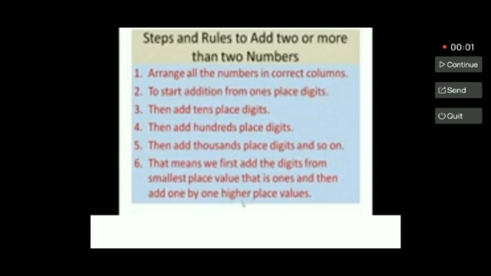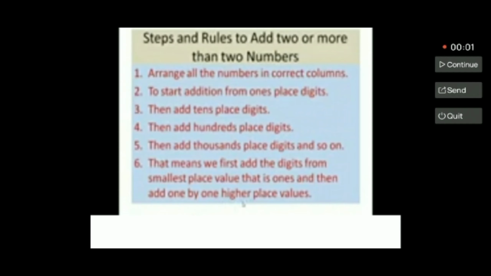The second one is to start addition from the ones place digits. Always when we add any number, a 4 digit number, 5 digit number, 6 digit number, 3 digit number, we have to start our addition from the lowest place value.